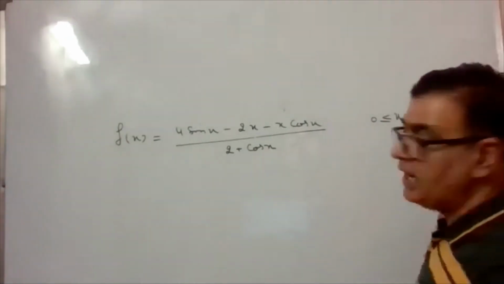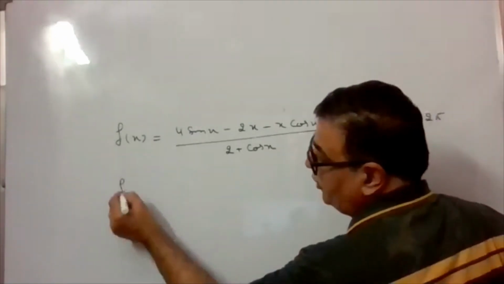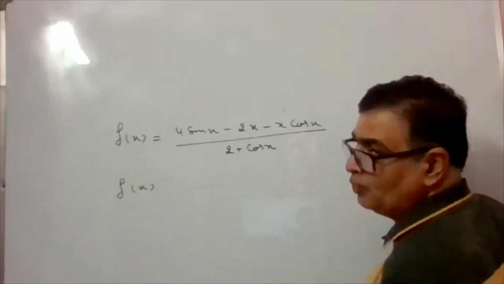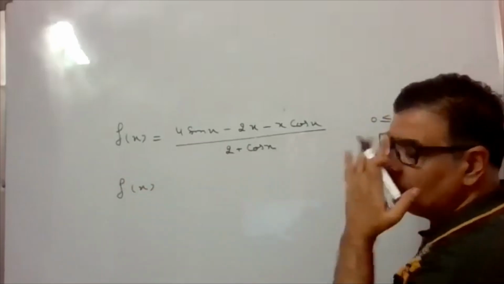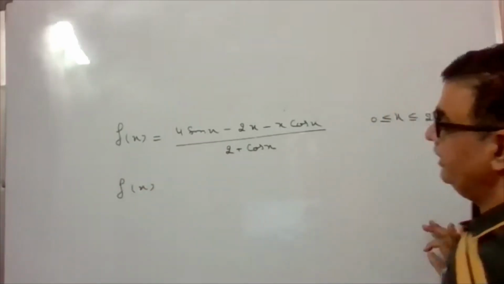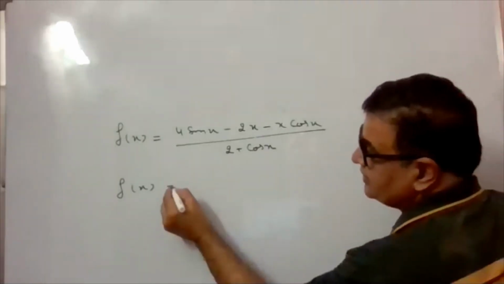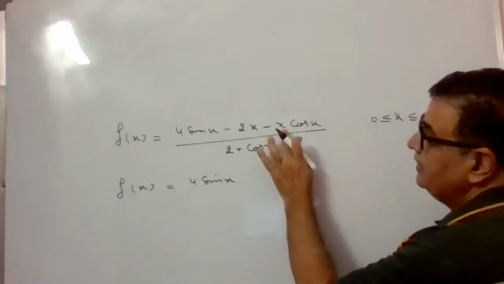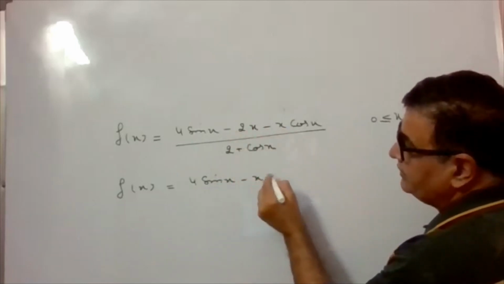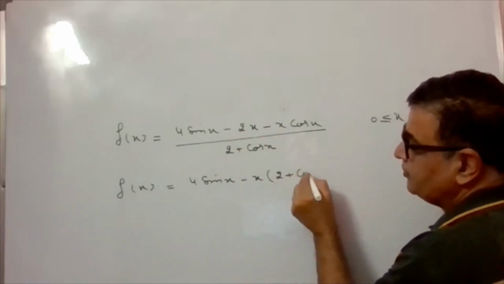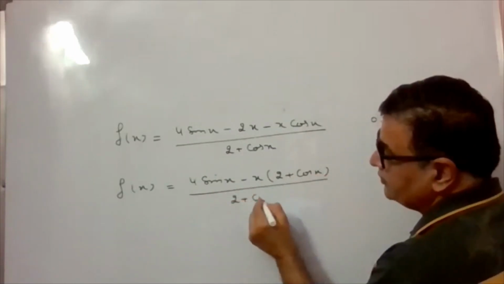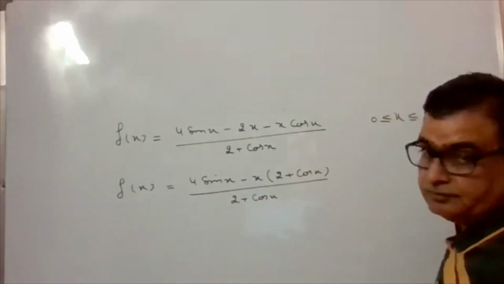Now, whenever you start the derivative, there is a slight problem in this question, so you should keep in mind how to do it. If you go by the division rule, it's a long process. It's better you readjust this term, then it will be much clearer. 4 sin x, in these two I'll take minus x common, left is 2 plus cos x, whole divided by 2 plus cos x.